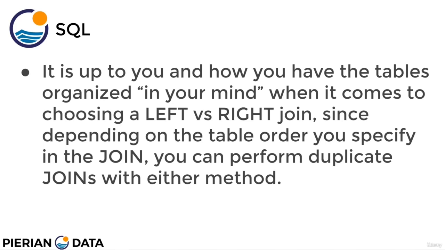So take your time to understand the left outer join extremely well, and then if you want, you can begin to use the right join if the moment calls for it, or you can always just stick to left join and switch around the table order there.